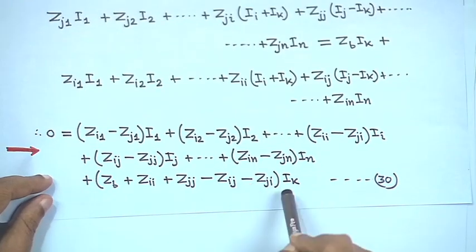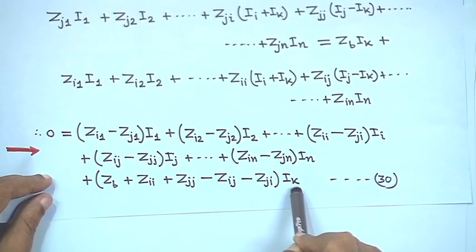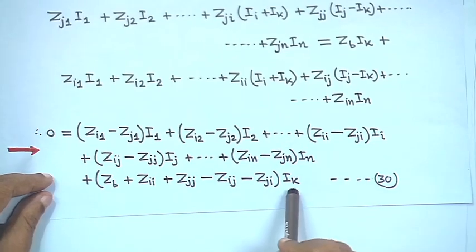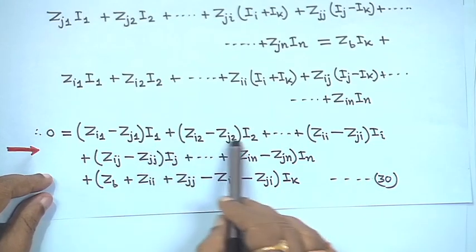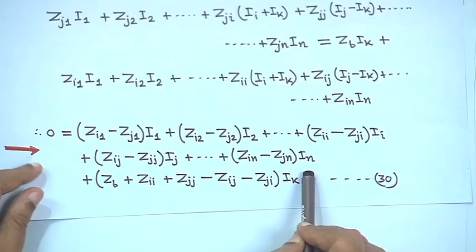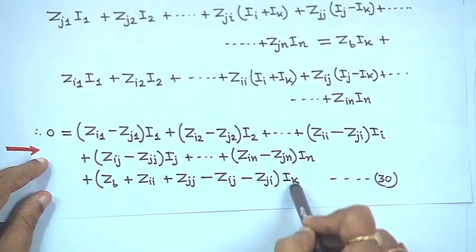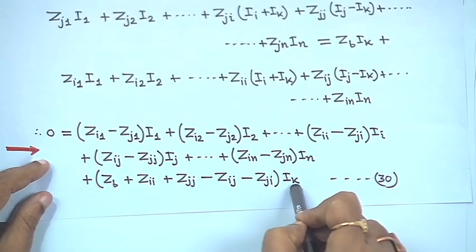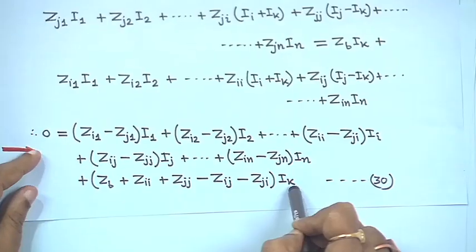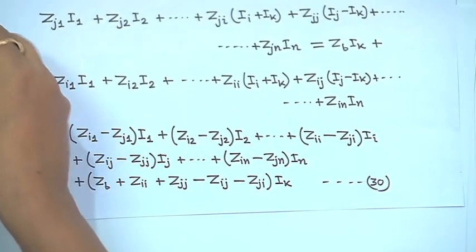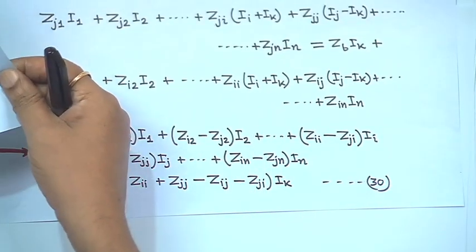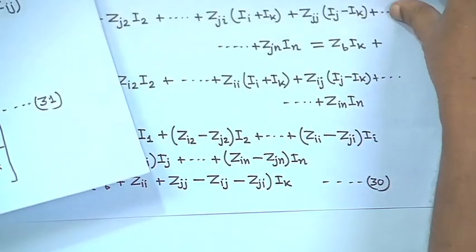From here you get the expression of Ik, a big expression, but you will get the expression of Ik in terms of I1, I2, Ii, Ij, everything. Then in the expression of Vi you substitute Ik, and after that you will get the expression.